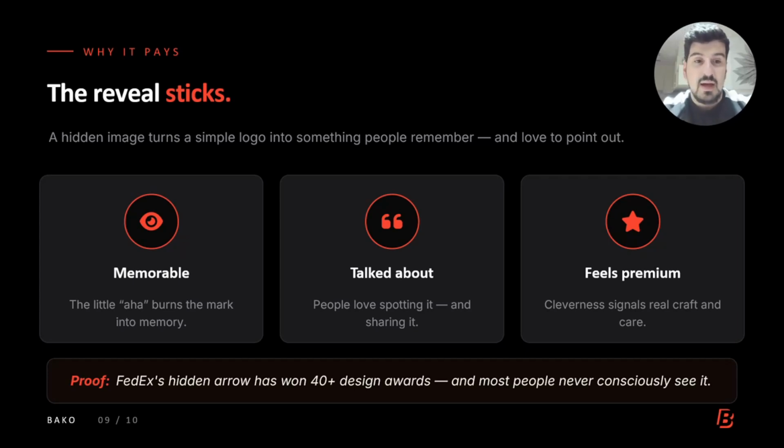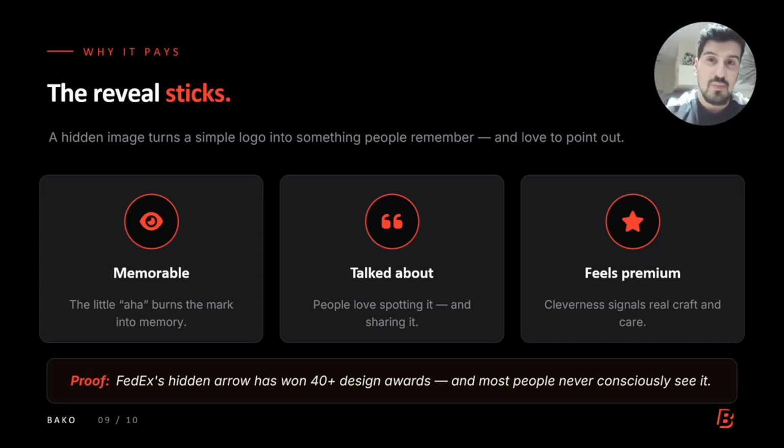The third thing is it will feel premium, and that extra time that you put in to think about it and care to come up with something unique and effective that positions you differently from the rest of the market shows them that you really care about your craft and your branding. This later on goes down to everything else you do, like your services.